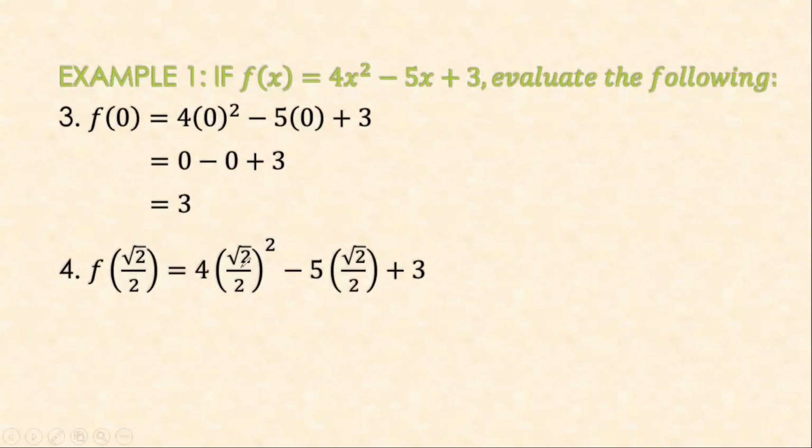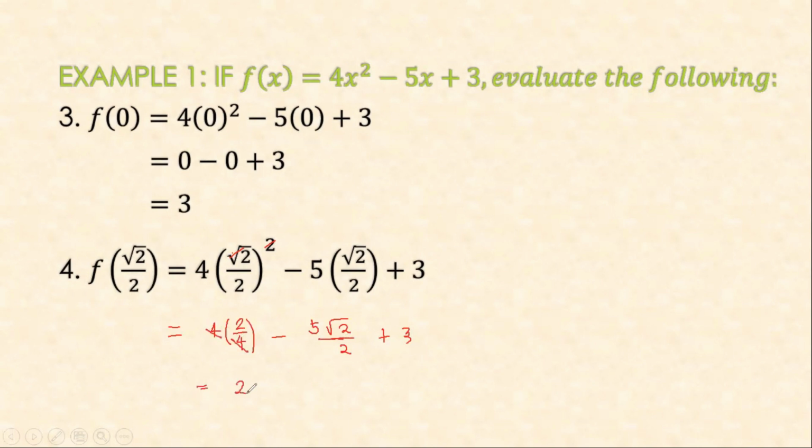So we will replace all the x, the variable x, with square root of 2 over 2. So therefore, this square root here will cancel out with this one, and we will square the denominator. So that means we will have 4 times 2 over 4 minus 5 square root of 2 over 2 plus 3. 4 will be canceled out here.